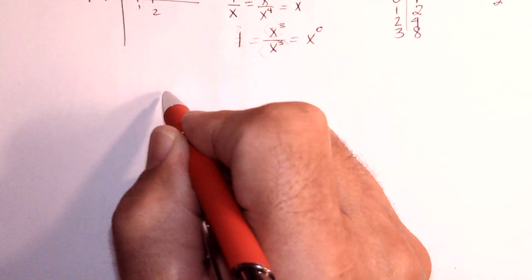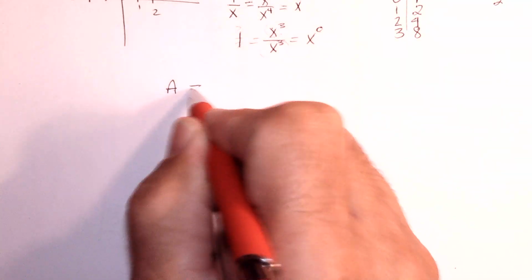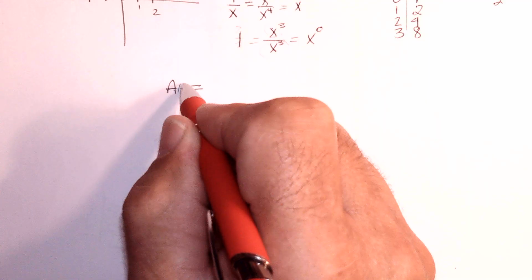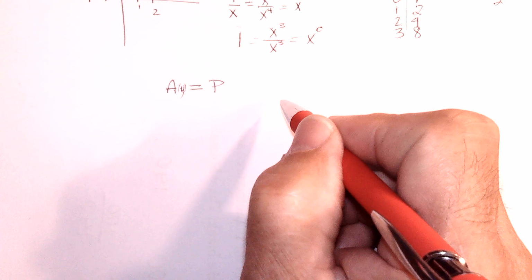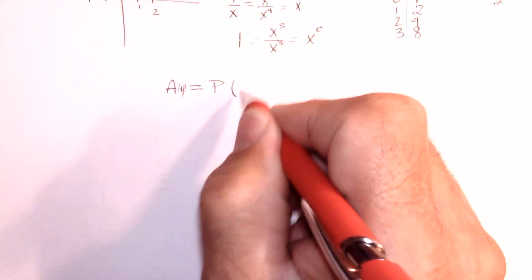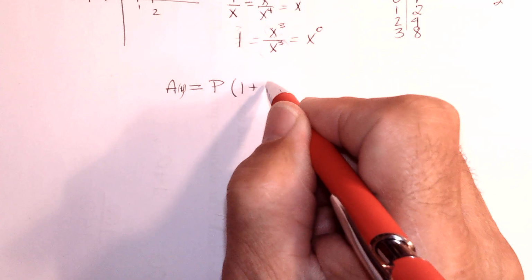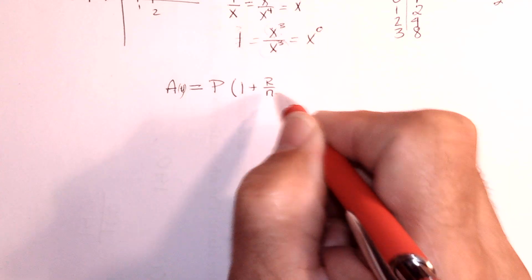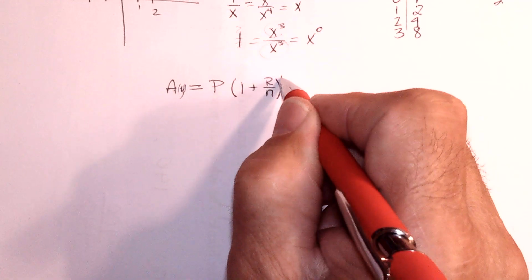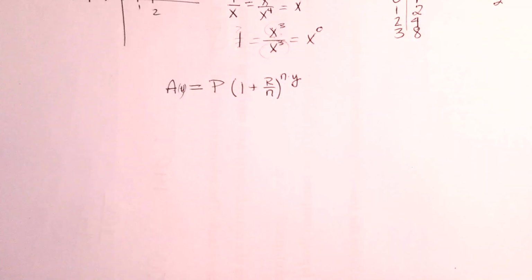So the compound interest formula is the amount you have after some time. So it's a function of time, or y, years, is the principal, the starting amount, times 1 plus the interest rate, and that could be anything, over the number of times it's compounded in the year, to the number of times it's compounded in the year times the number of years.